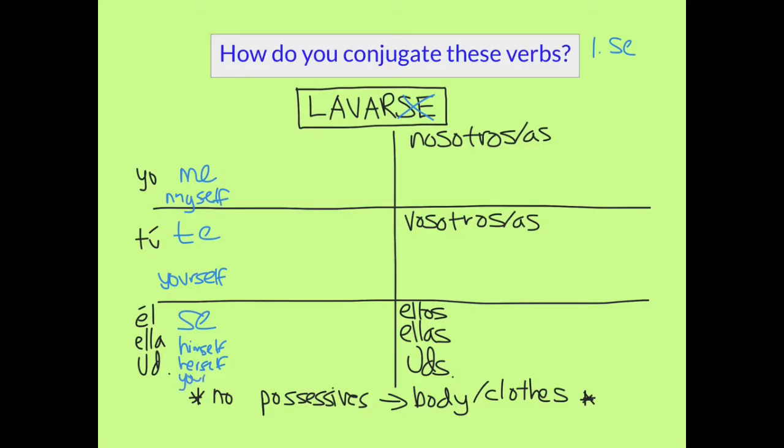For nosotros, the se becomes nos, and that would be like saying ourselves. For vosotros or vosotras, it would become os. Again, it's like yourselves, but plural for a friendly group, only in Spain. Ellos, ellas, ustedes, we use se, and it would be like saying themselves.